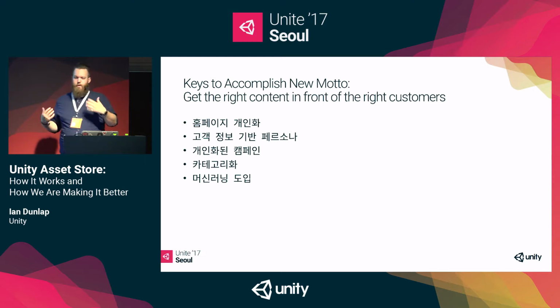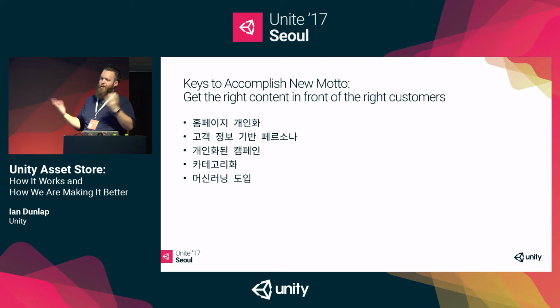We want a better experience for those customers, because right now if you just click on, say, 3D models, it just dumps you into a massive list of all the content that's available. We want to give a little bit more of an editorial and curated experience of what you're seeing before you just dive in.